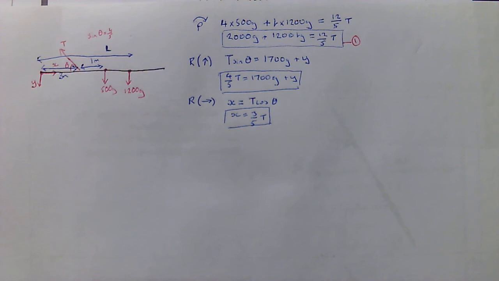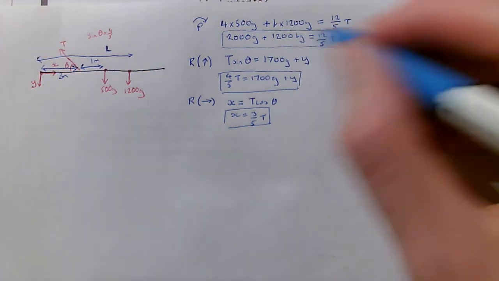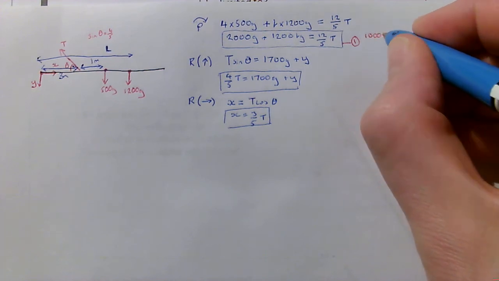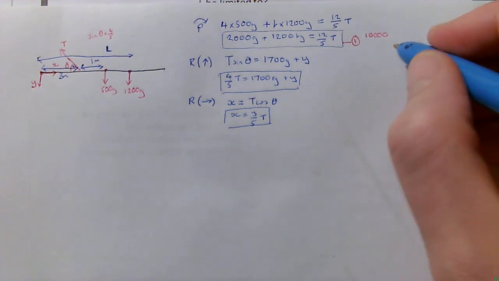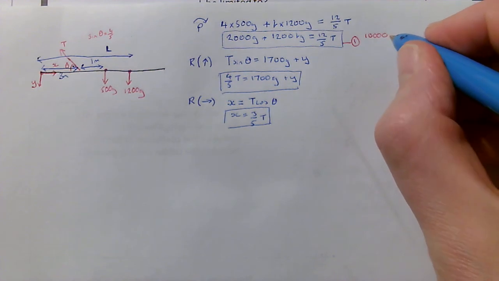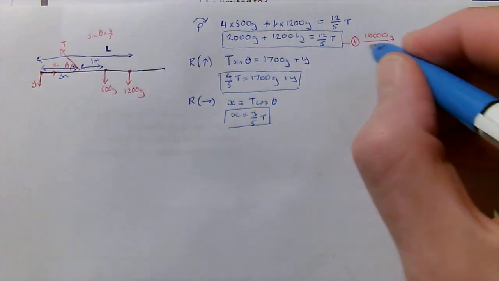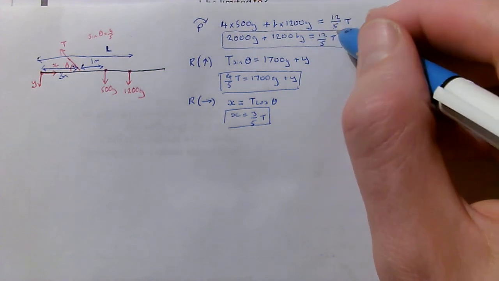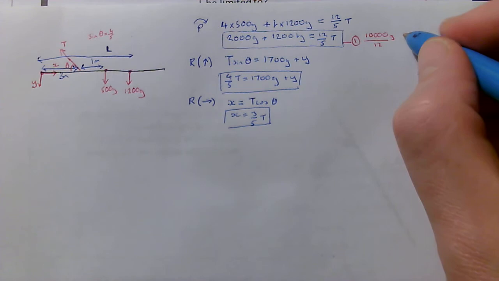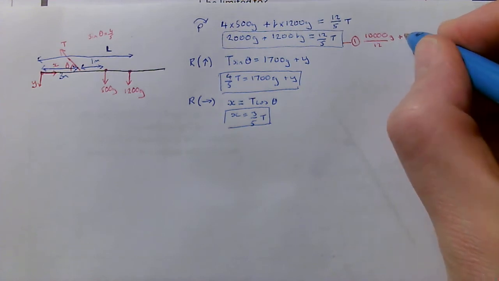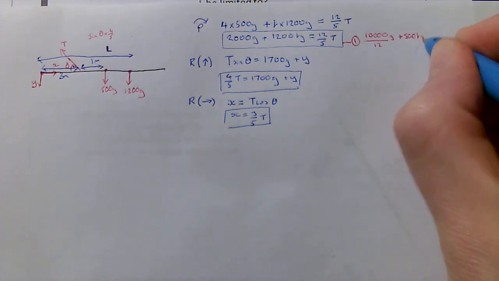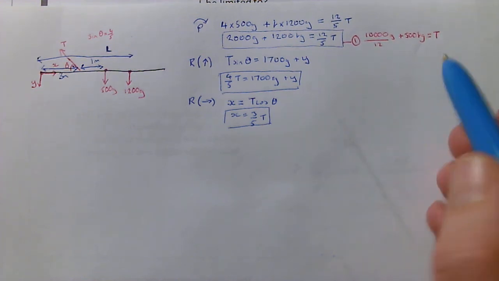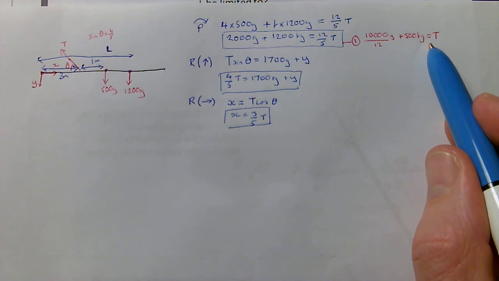And I'm going to make T the subject, which is going to give me 5 times 2000, which is 10,000 G over 12. 5 times 1200 is 6000, divided by 12 is 500, plus 500 LG equals T. Okay, so I've now got an expression for T.